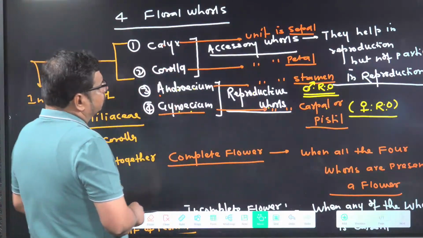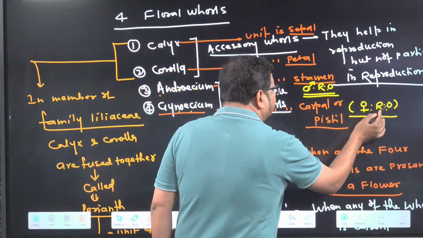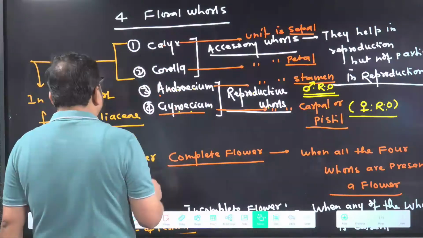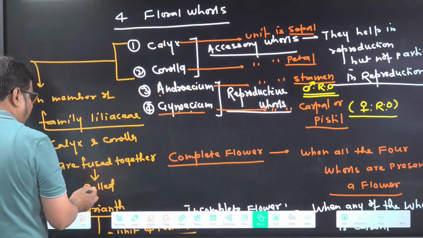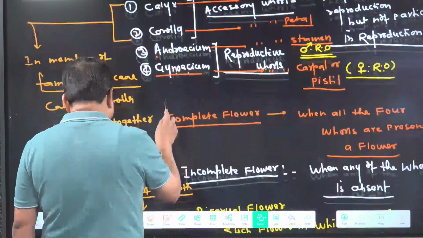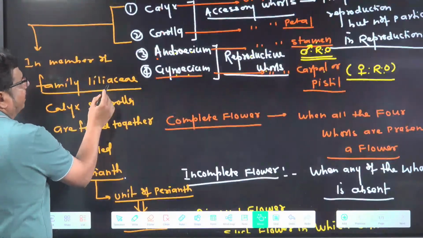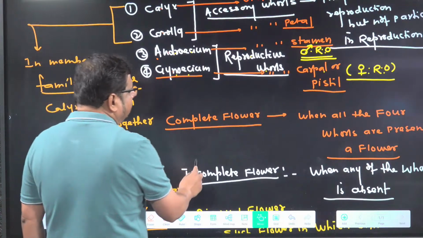So stamen is the male reproductive organ, carpel or pistil is the female reproductive organ. When calyx and corolla fuse together, it is called perianth, and the unit of perianth is called tepal. It is reported in members of family Liliaceae.